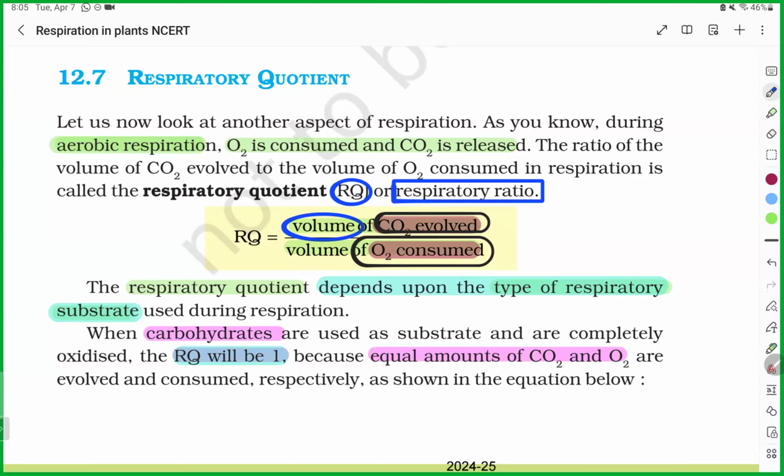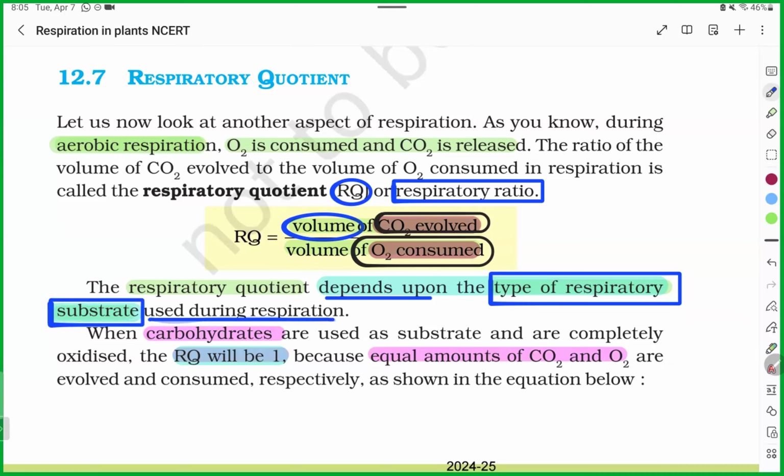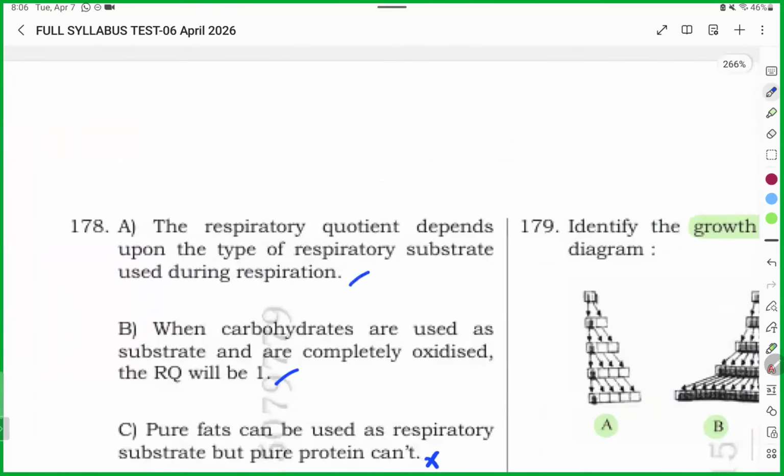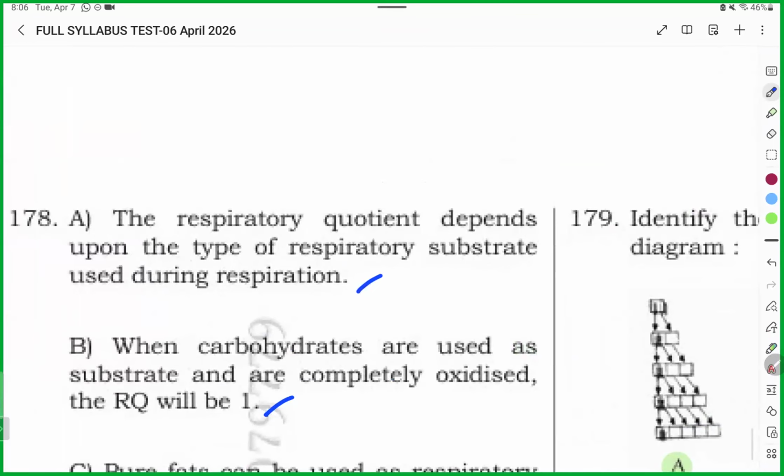Okay. First statement, respiratory quotient depends upon, and we already highlighted this, the type of respiratory substrate used during the respiration process. So, Priyanka, first statement, respiratory quotient depends upon the type of respiratory substrate used during the respiration. Is this correct? Yes.